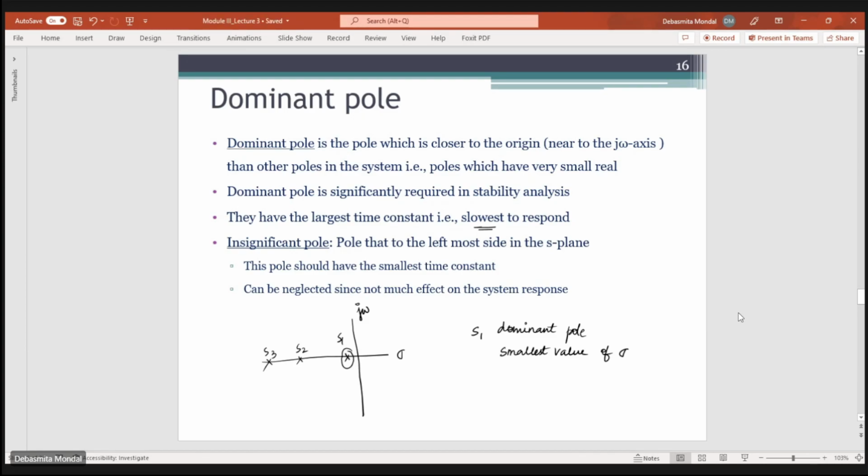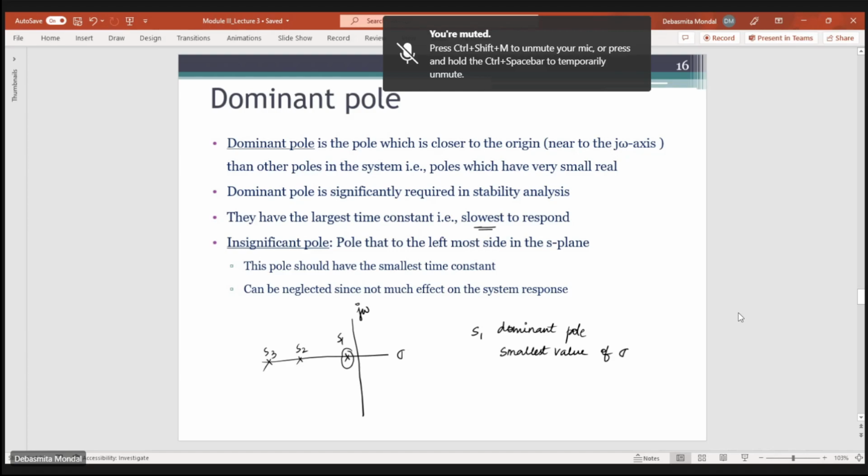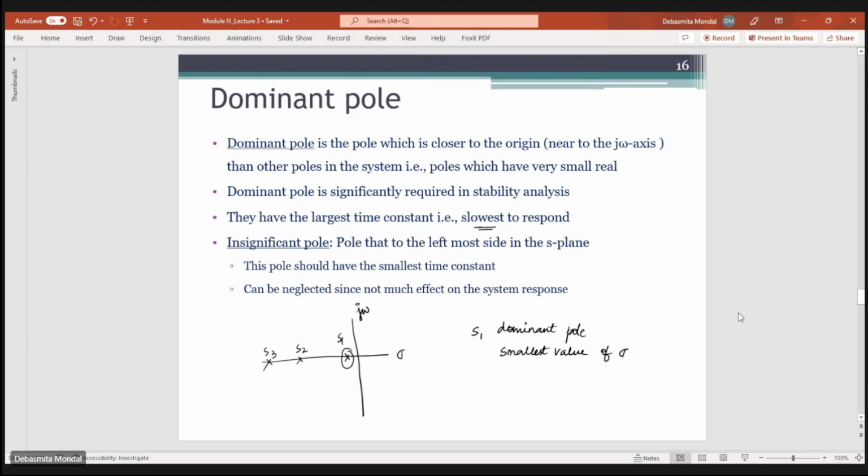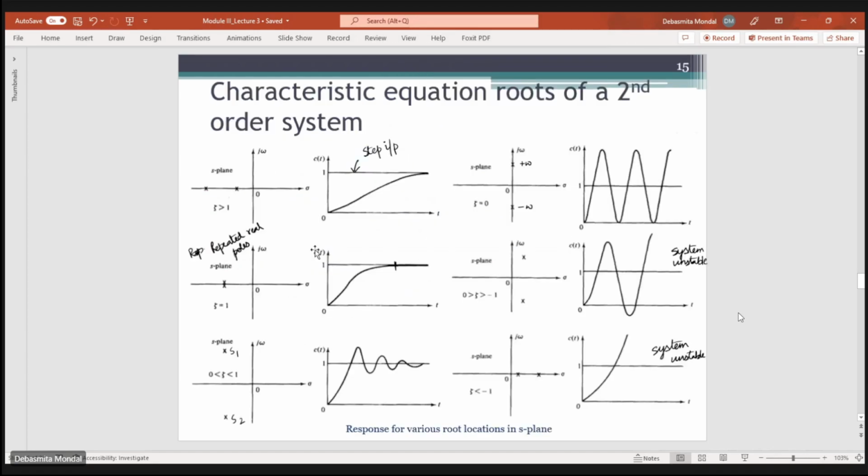And this dominant pole is significant and required while we are analyzing the stability of a system. Later on we'll discuss how to find out how stable the system is, or whether the system is stable at all or not. Here we saw a generalized idea of stability, that depending on the position of the poles, the system will be stable or unstable.